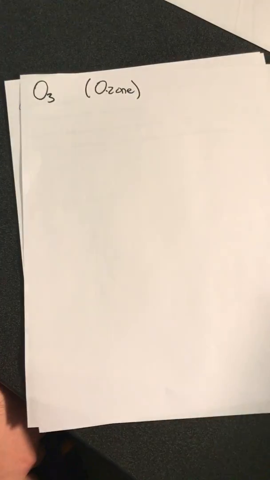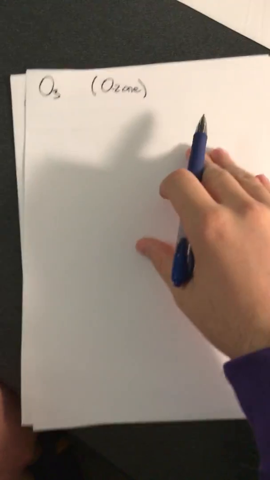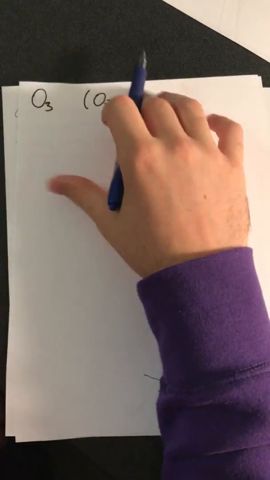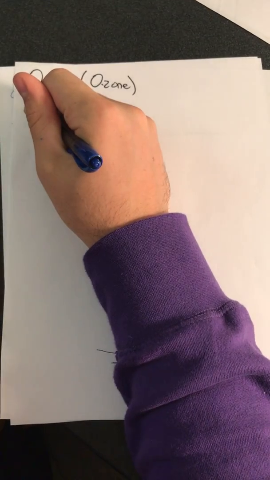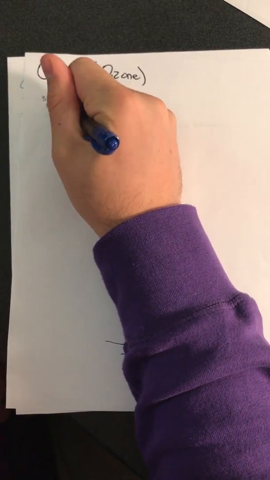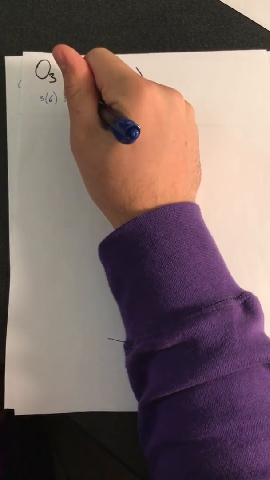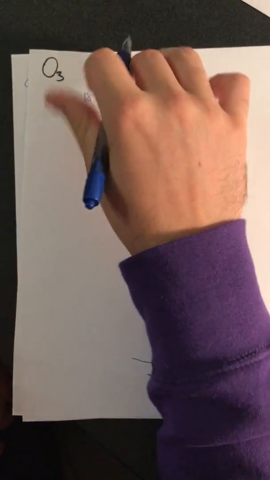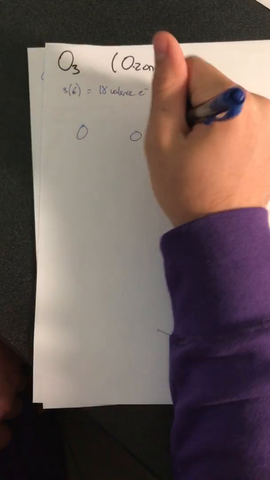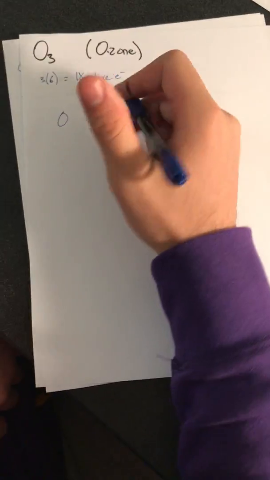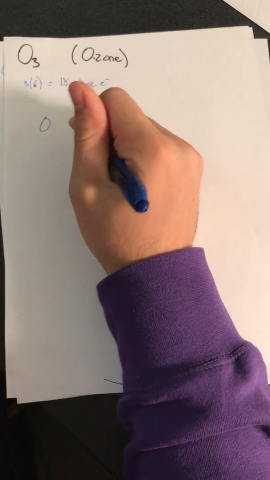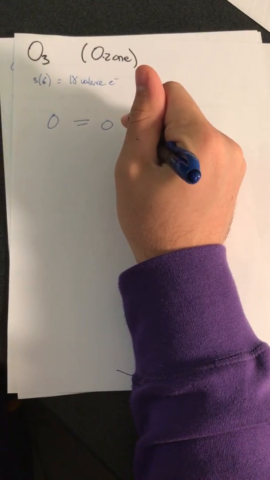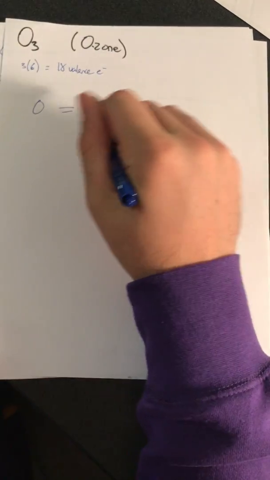Lastly, we now have the molecule O3, also known as ozone. So we know that there are 6 valence electrons for each oxygen atom, leaving us with 18 valence electrons. If you write out the O3 molecule, first you're going to start with 3 bonds.